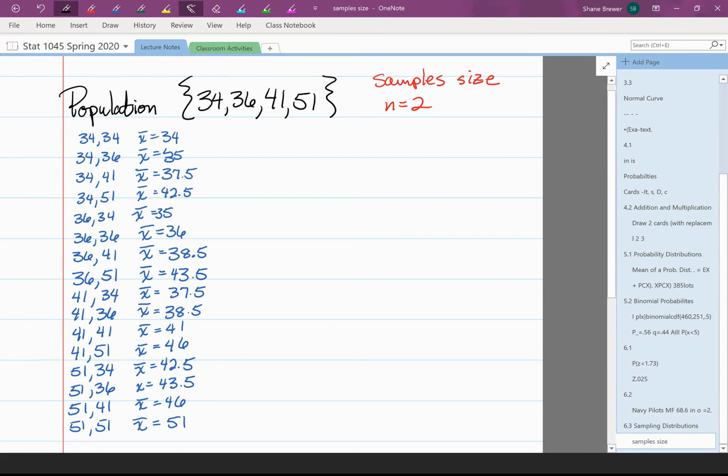okay, let's create our little frequency distribution first.